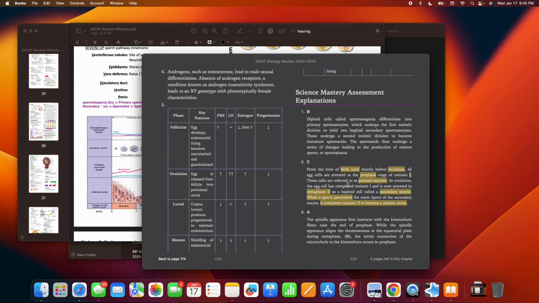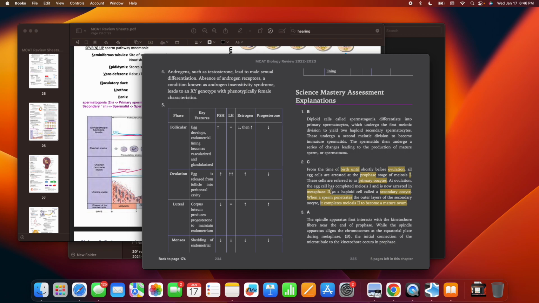Primary oocytes are arrested in prophase 1, and secondary oocytes are arrested at ovulation in metaphase 2.